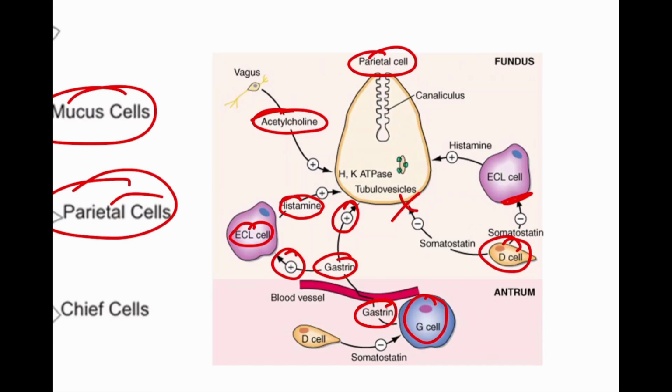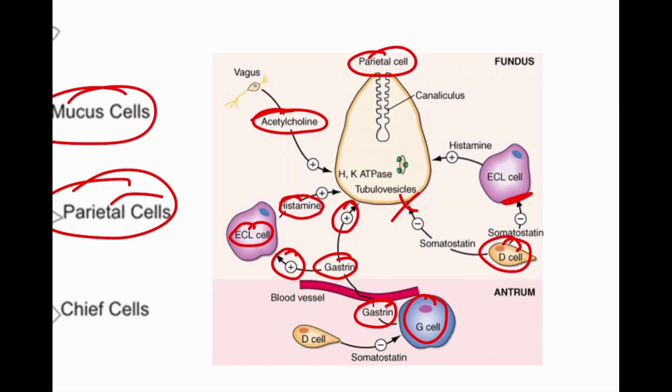So somatostatin, just like gastrin, has two ways of acting, but somatostatin has two ways to stop it. It stops it directly at the parietal cell and inhibits histamine. Both of those are going to reduce gastric acid production.